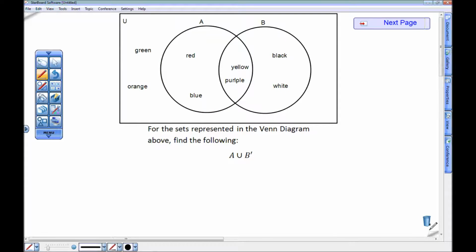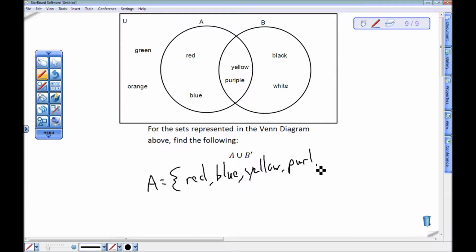Okay, just one more example. What if I wanted to find the union of A and B complement? There are a lot of ways I could do this, but when I'm first getting started with Venn diagrams, the easiest thing to do is find A, which I already know is red, blue, yellow, and purple.